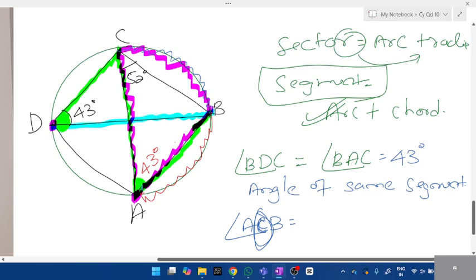D. Next, from A to D, right? So which two angles will be equal here? Angle on same arc. ACB will be equal to angle ADB.